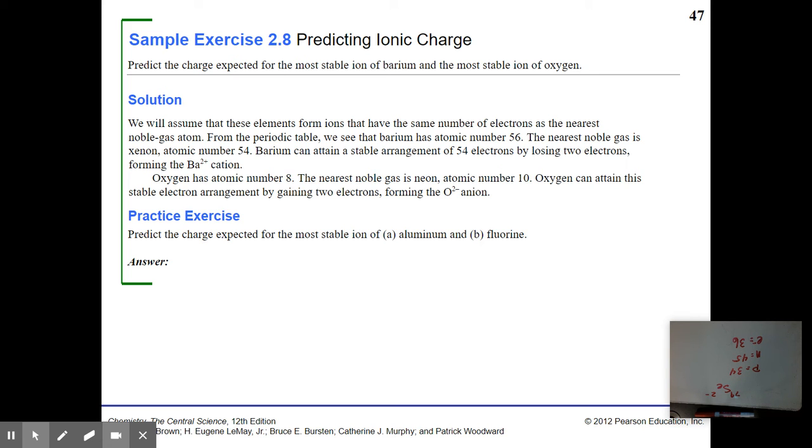So there are 7 valence electrons. Do we want to get rid of all of those 7? No, you want to add 1 to make 8. And what are we adding? 1 negative. We're adding 1 electron, so we're adding 1 negative. So fluorine is going to have what charge for an ion? Negative 1. There we go.